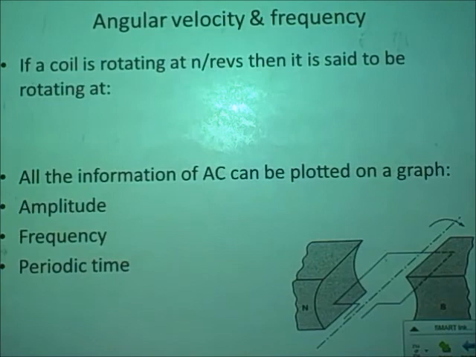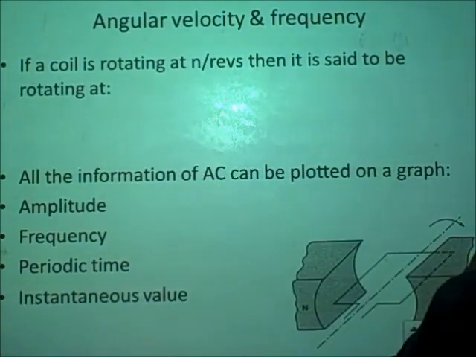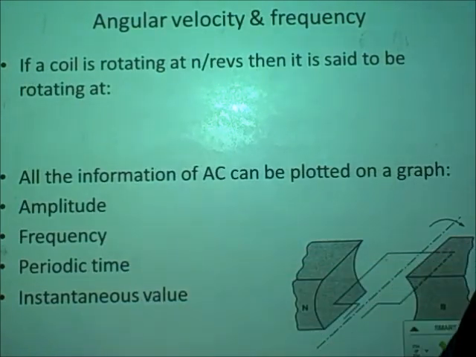And of course, the maximum voltage or the instantaneous value or voltage, like so. So we've got amplitude, frequency, periodic time, instantaneous value or voltage, maximum voltage, which in the case of our graph that we drew earlier was, Daniel, how much? 1 volt, super.